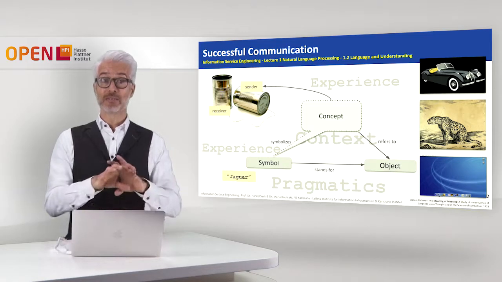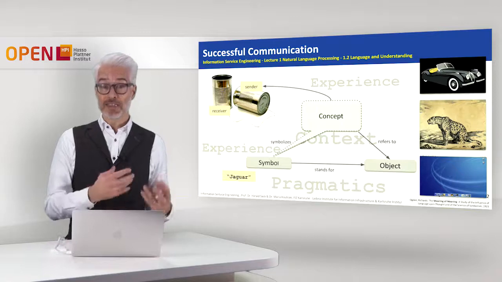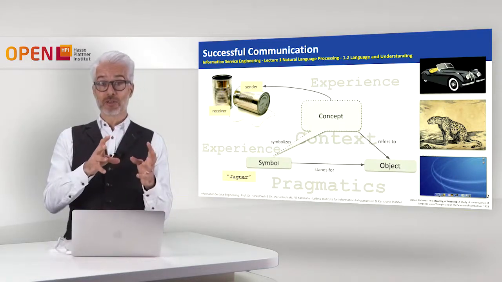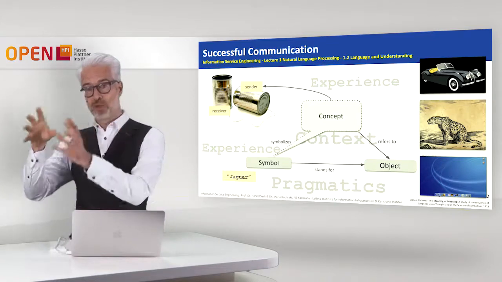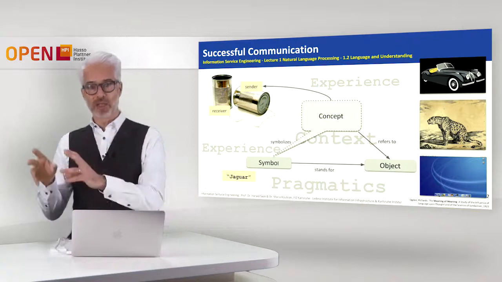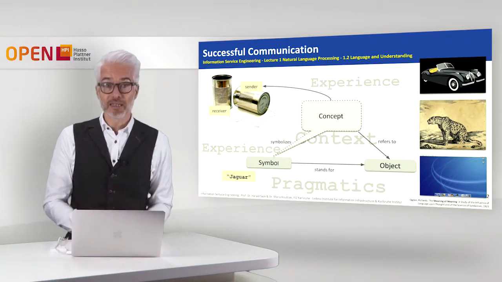No idea. So if I speak this symbol, if you hear that symbol, usually some concept arises in your mind. And of course, this kind of concept refers to an object in the real world. Also, the symbol that you use stands for an object in the real world that you denote by speaking or writing that symbol.